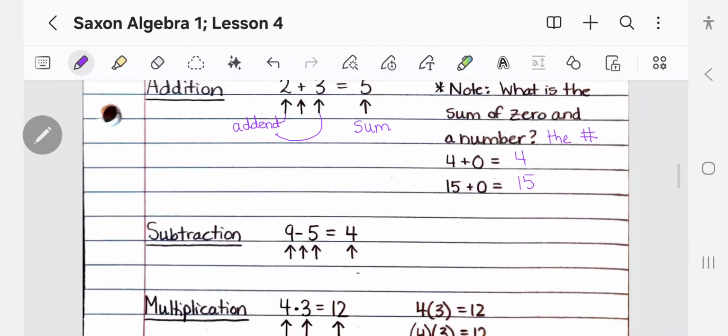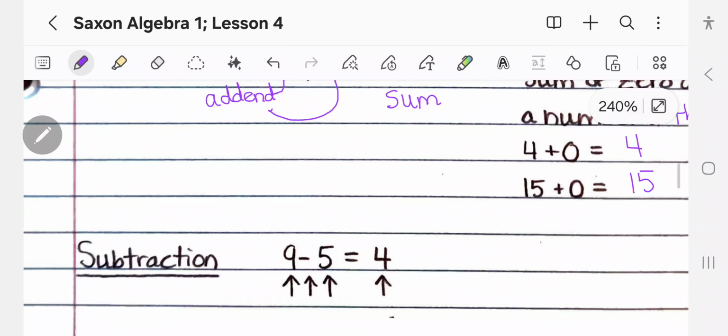All right, for subtraction, we have the first number you call the minuend. I always forget this name and have to look it up. The second number we're going to call the subtrahend. And then the answer to a subtraction problem is a difference.